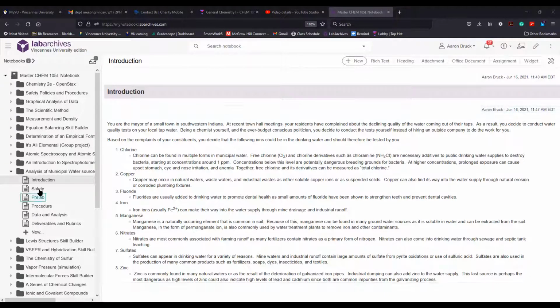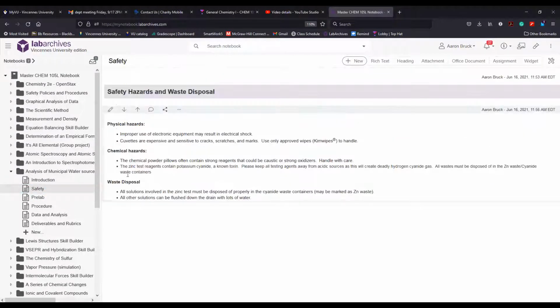Now, from a safety standpoint, there isn't too much to be concerned with in this lab in particular, other than the fact that the water is not potable, so please do not drink it. And some of the reagents contain strong oxidizers, or in the case of the zinc test, potassium cyanide.